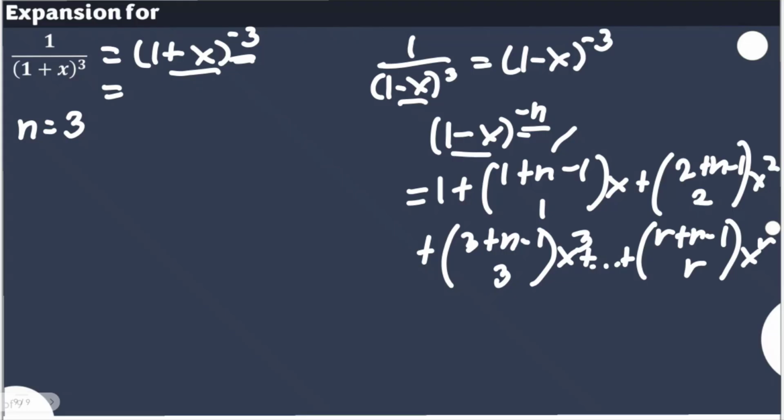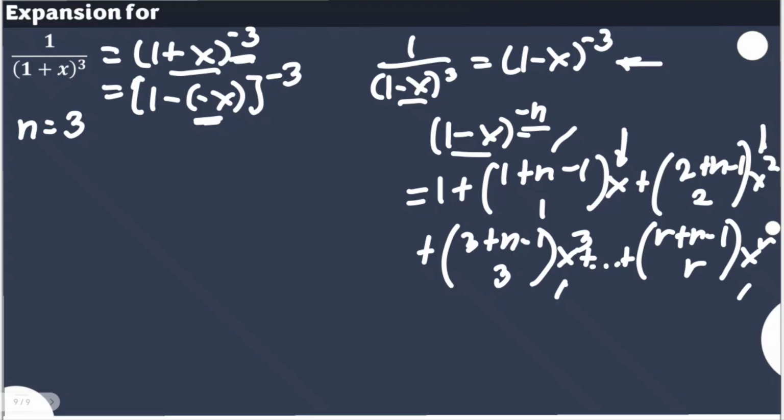For minus x, we use x squared, x cubed, and x to the power of r easily. But since this is plus, we can rewrite it in this manner: 1 minus negative x raised to negative 3. In short, it's not x that we're going to include here, but negative x. So that's the multiplier for our literal coefficient, and that's the difference from the previous video pertaining to minus x alone.